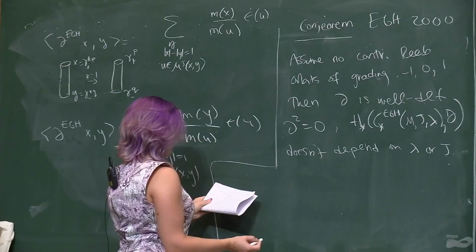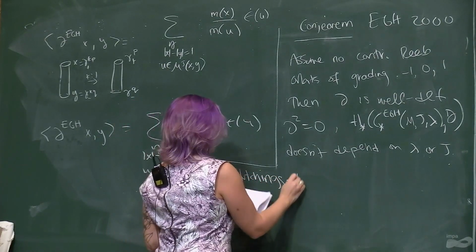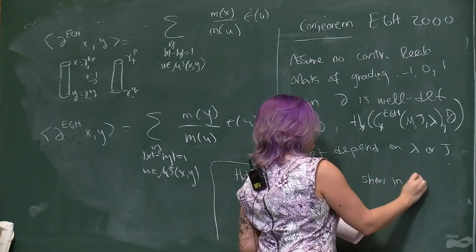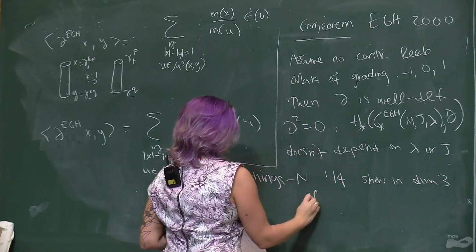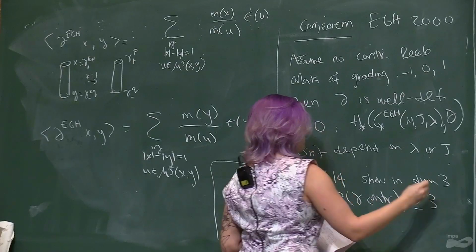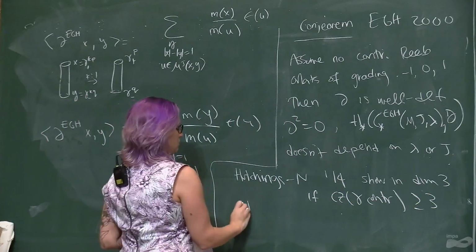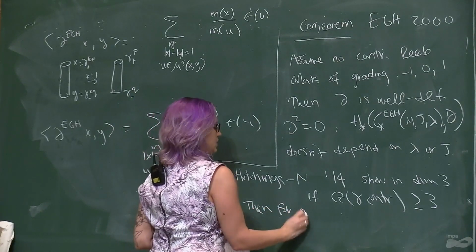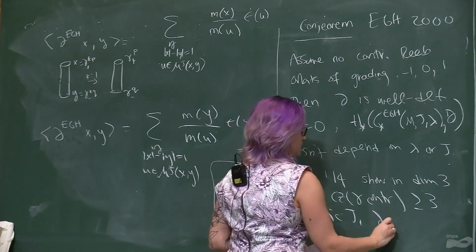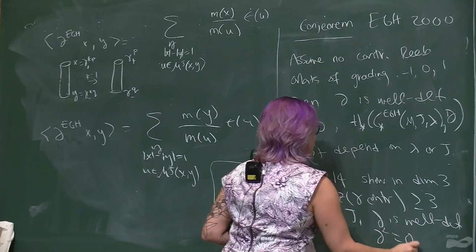So let me briefly say that Hutchings, Nelson and I have a paper from 14 where we show in dimension 3, if the Conley-Zehnder index of contractible gamma is greater than or equal to 3, which is basically the dynamically convex condition, then for generic J, the differential is well defined, and d squared is equal to 0.